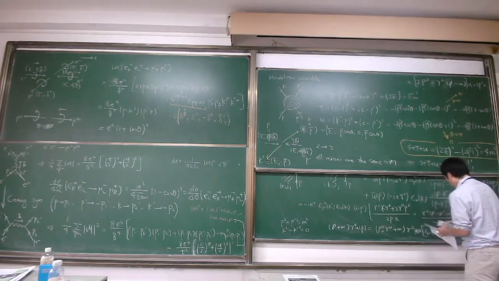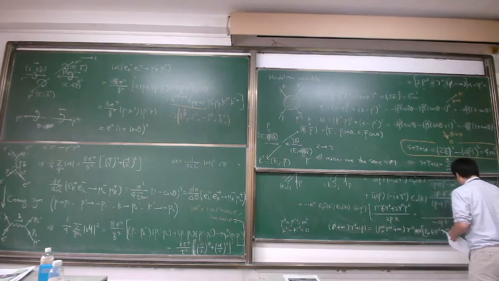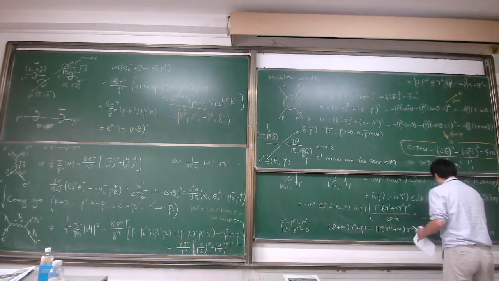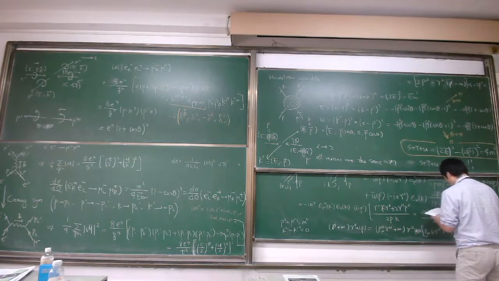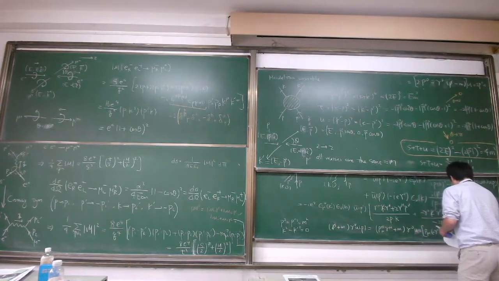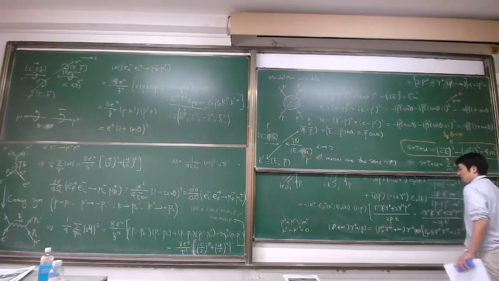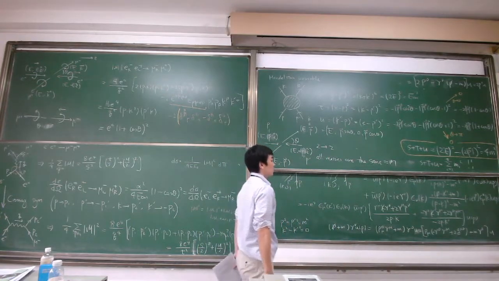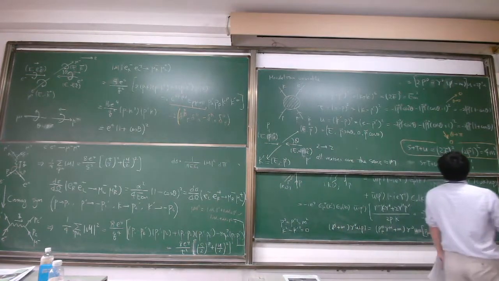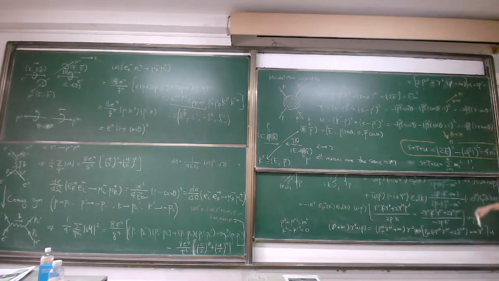And then here, gamma nu minus K, like this. Okay, so that's the application of this identity.